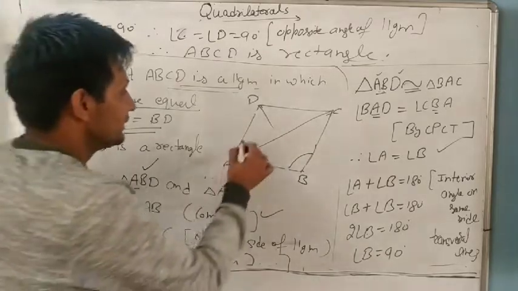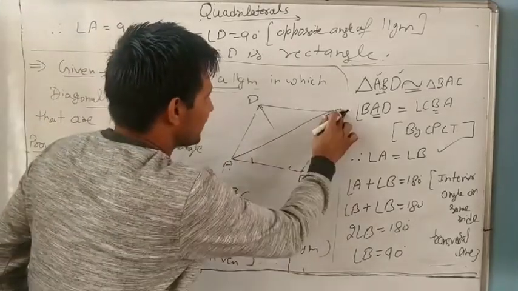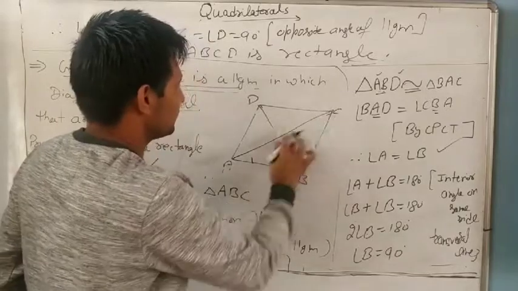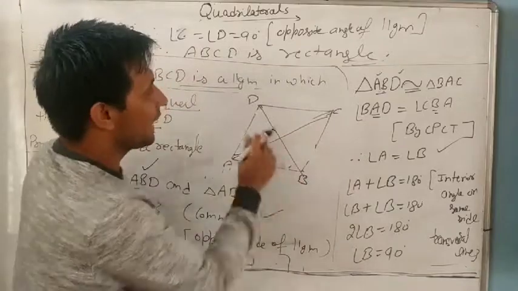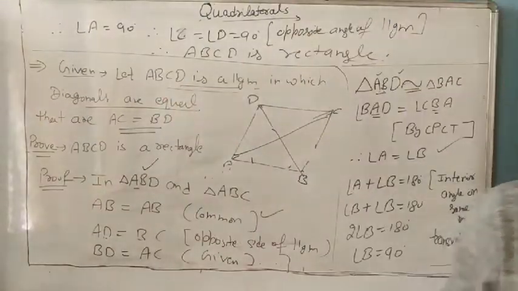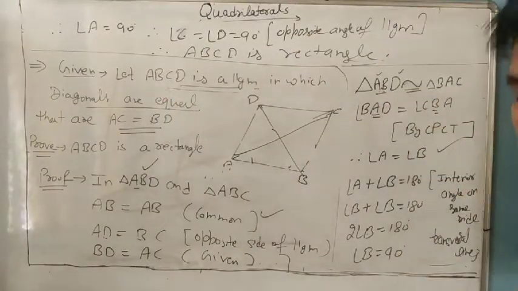So therefore this triangle ABC and the second triangle ABD are congruent, and if these two triangles are congruent, corresponding parts are equal.